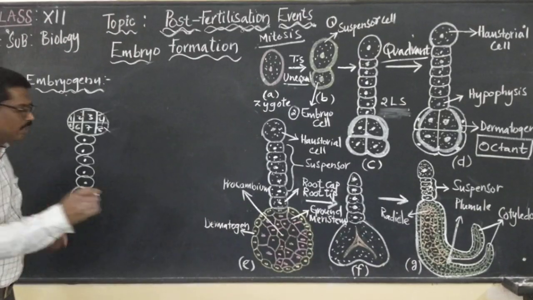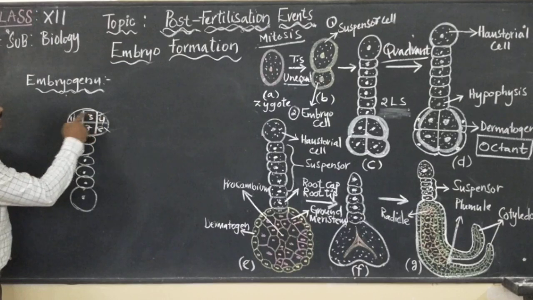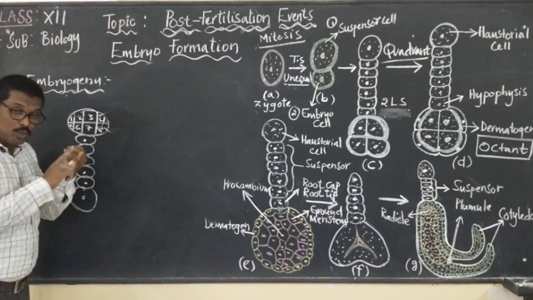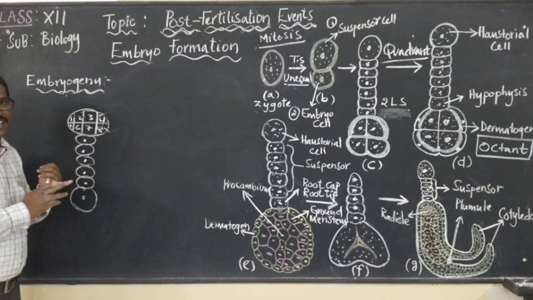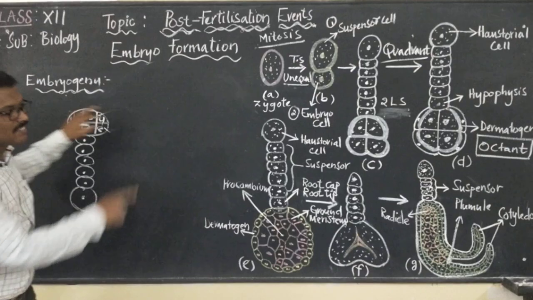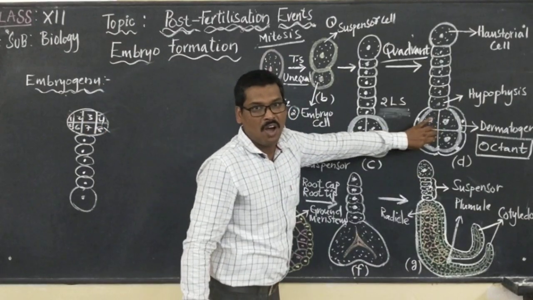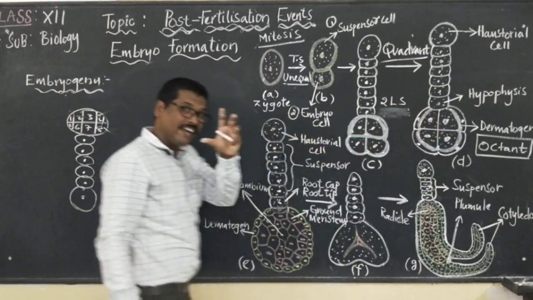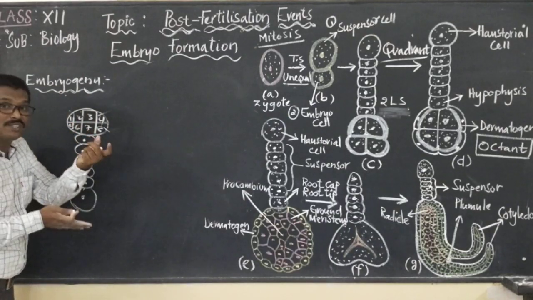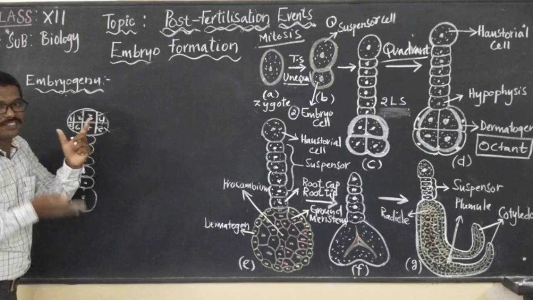So here, if you are seeing the 8 cells of the embryo, it undergoes how many divisions? 2 longitudinal divisions and 1 transverse division gives rise to 8 cells. Octant stage. This is what we are talking about. Now these 8 cells are arranged as 2 layers, and we are also using another word, tiers, T-I-E-R-S.